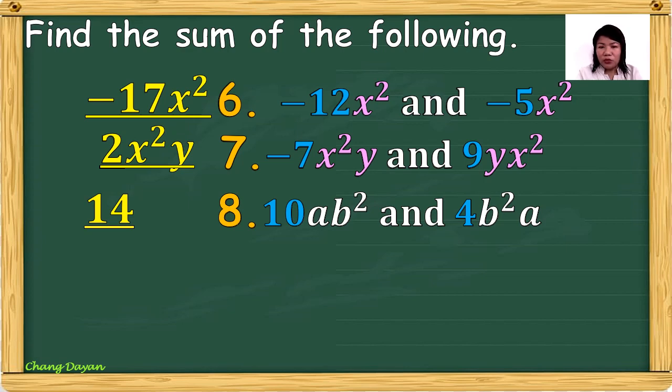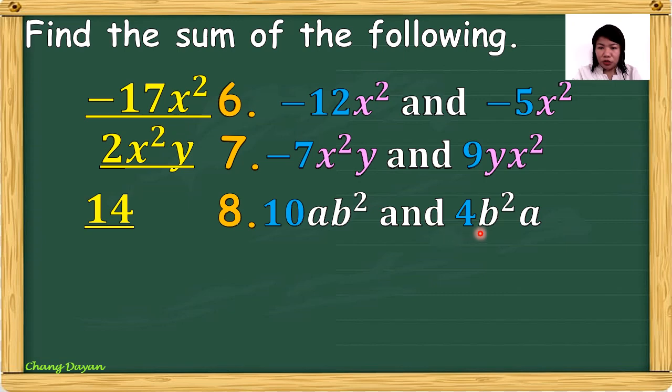Then, katulad nung number 7, parehong-pareho ang kanilang literal coefficient. Sa ikalawa lang, nauna yung b square. Ang susundin natin, ulitin ko, ay ang alphabet. Kung mapapansin nyo dito, ang exponent ng b ay square.